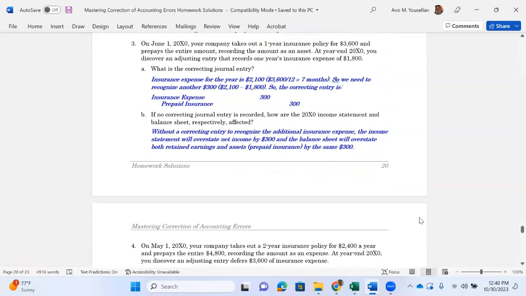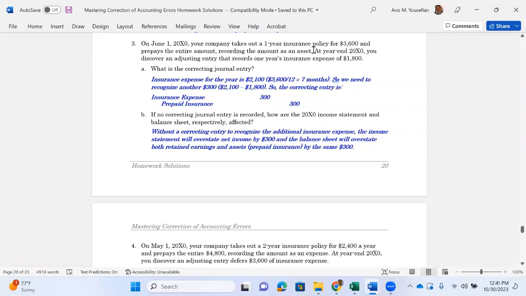In number 3, it says on June 1st of 2020, your company takes out a 1-year insurance policy for $3,600, and prepays the entire amount, recording the amount as asset, which is prepaid insurance.